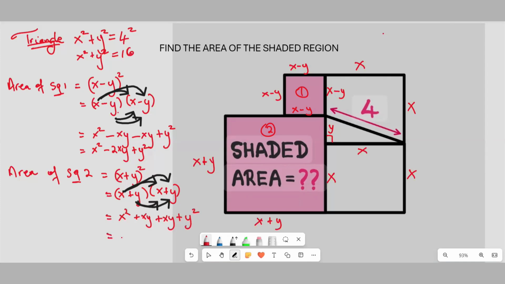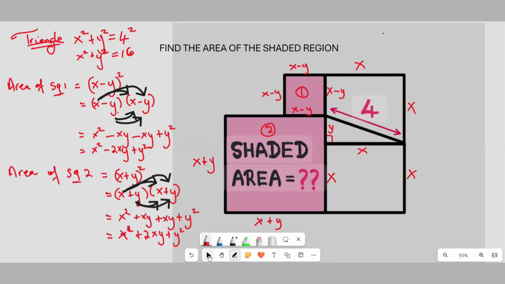Now, let us simplify this. We're looking at x squared plus 2xy plus y squared. So there it is. I actually have the area of the largest square that we need being expressed in terms of x and y.